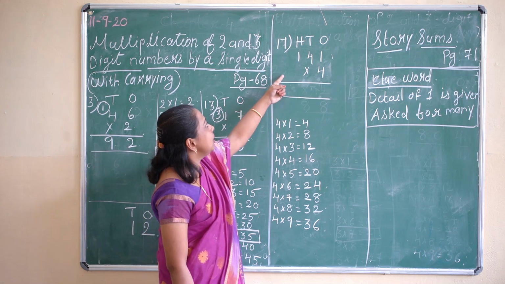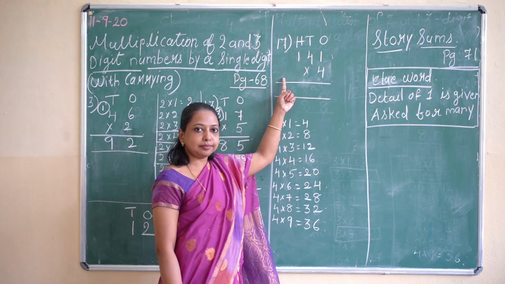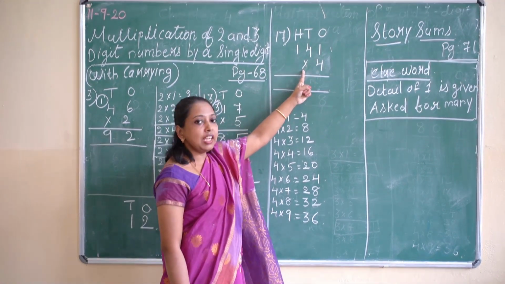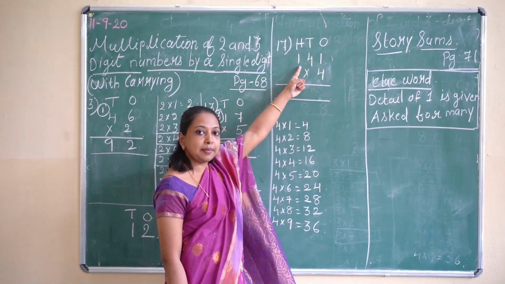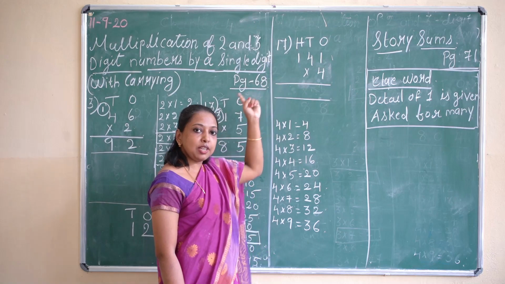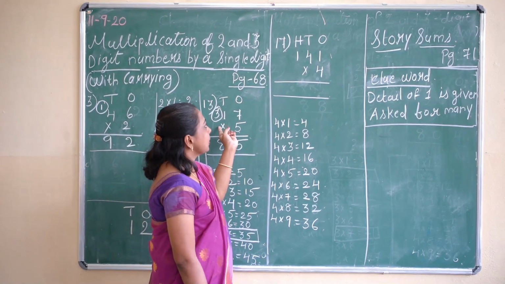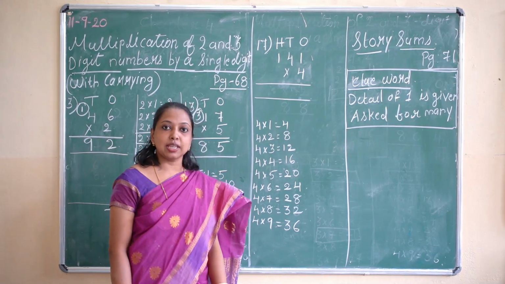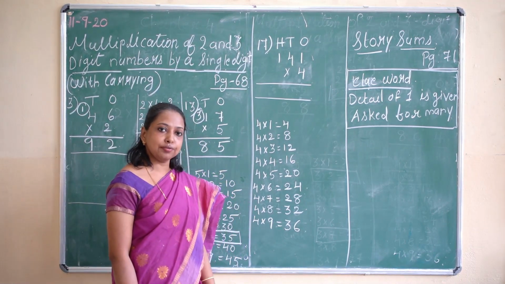Now let's solve 70. 141 multiplied by 4. This is a 3-digit number. It is very similar to a 2-digit number. Here the multiplier is 4, so we have to use the multiplication table of 4.